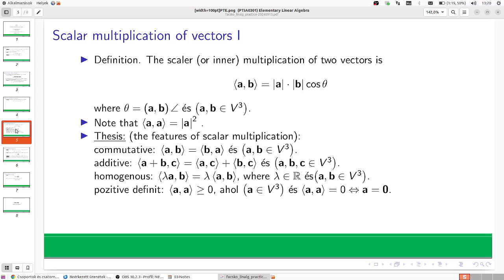Okay, this is commutative. I mean, the scalar multiplication of a and b is commutative. Why? Because I told you? It's not enough. Be skeptical always. By definition, this is the sum of the components.